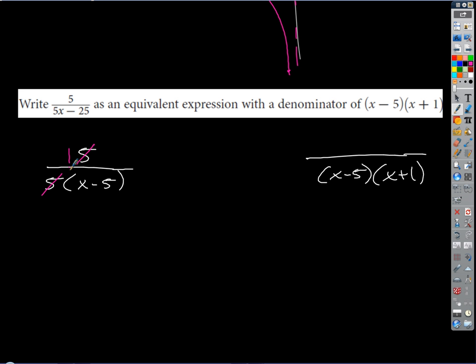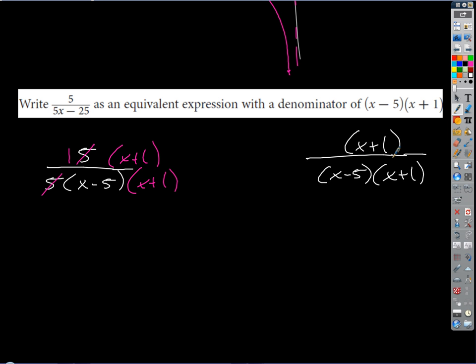They are factored, but in its factored form, it doesn't say what I need on the top, right? We don't know yet. But I need to have an x minus 5 and an x plus 1 on the bottom. Well, how do I get an additional factor of x plus 1 on the bottom? Times both by x plus 1. I've got to multiply by 1, right? I'm going to multiply both the top and the bottom. That's it, isn't it? Those are equivalent expressions then.